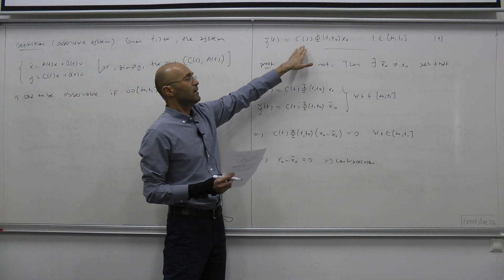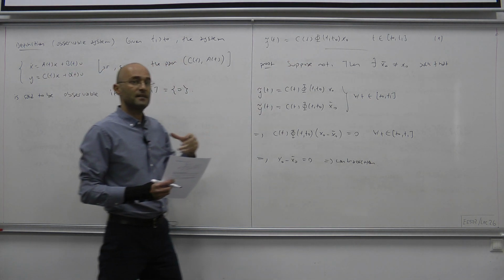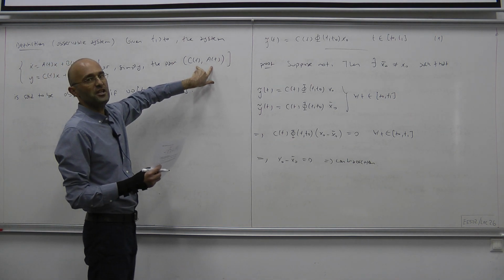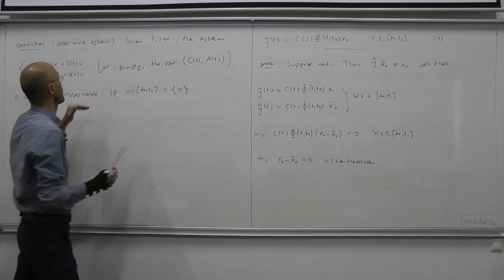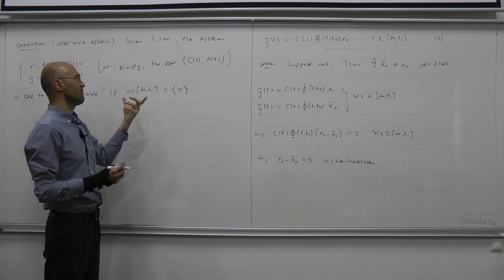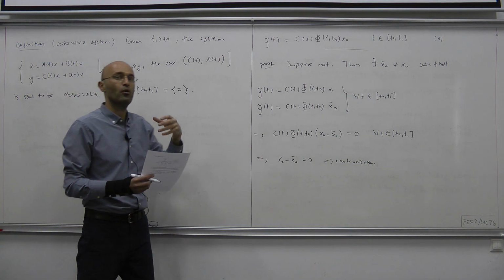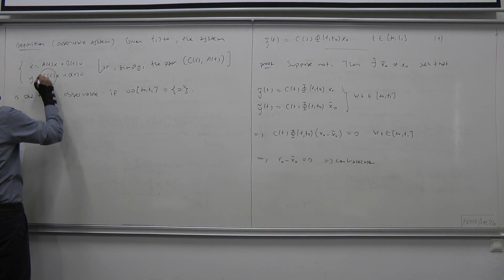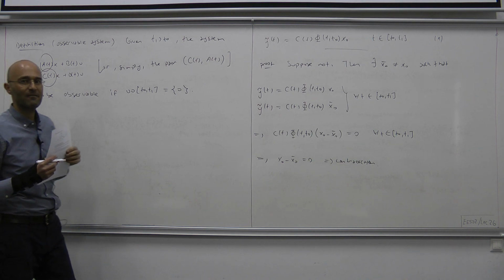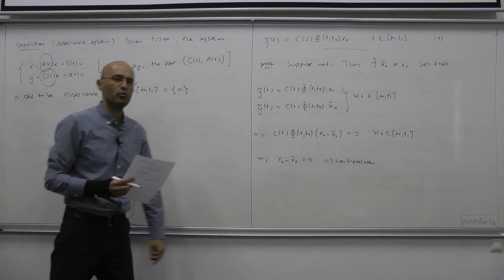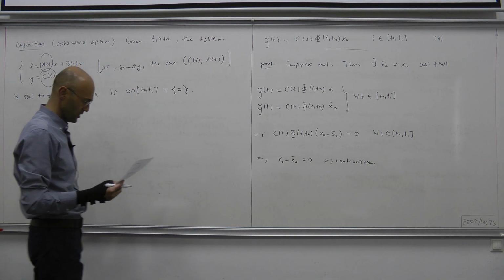Therefore, the unobservable subspace depends only on the pair C and A. And since our definition of an observable system depends on the unobservable subspace, the observability of a system is determined by the pair C and A. The matrices B and D have nothing to do with the observability of the system.